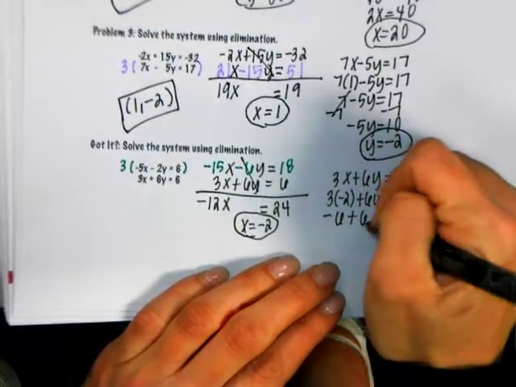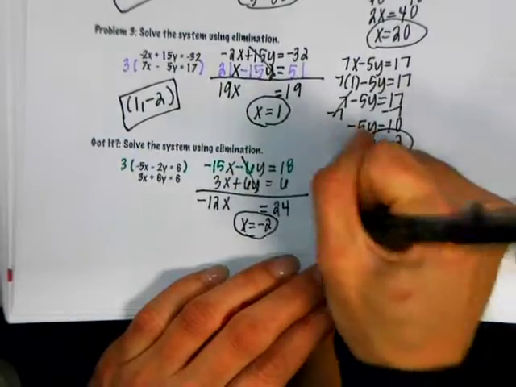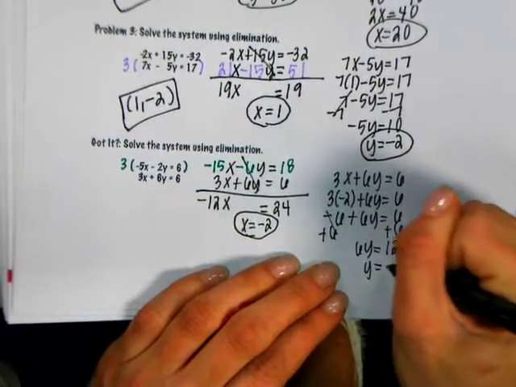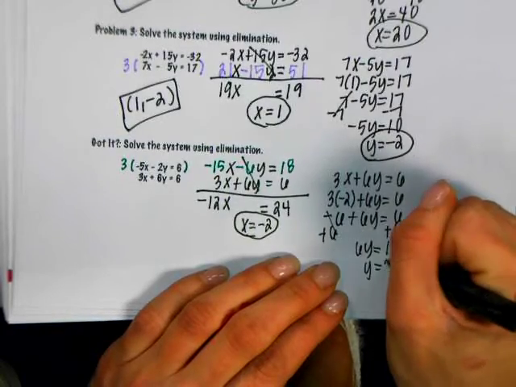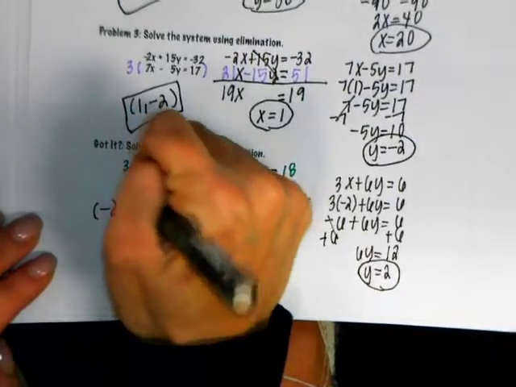There's a lot of 6's. Okay, so add 6 over. 6y equals 12. So what's y equal? 2. Yep. So negative 2, comma 2.